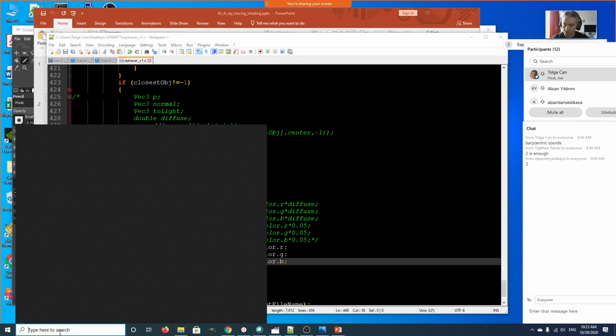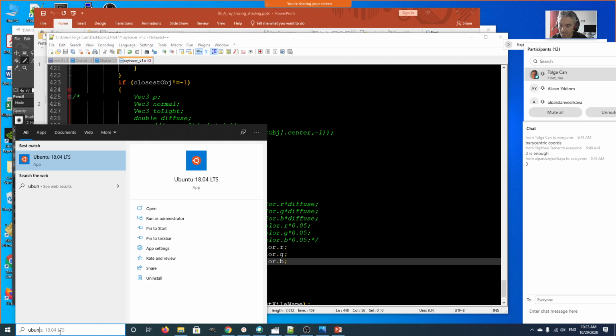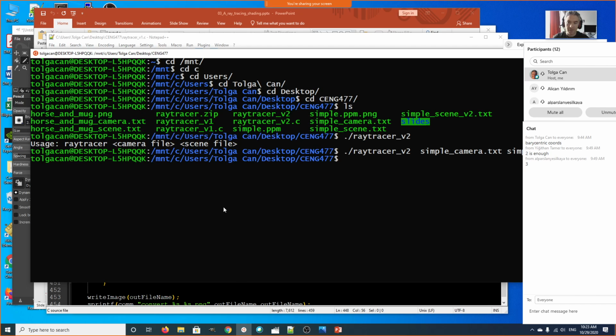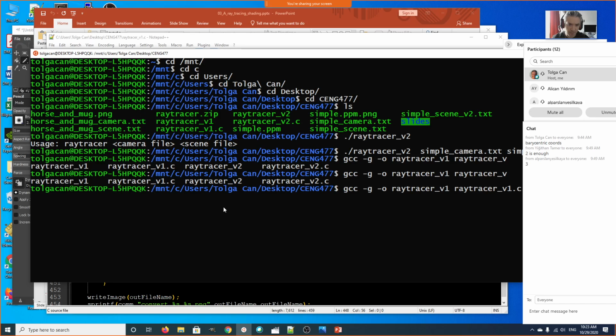Where is my Ubuntu? Yeah, all right, so that's right here. Okay, so let me compile this. Ray tracer, it was the simple version 1, v1.c.